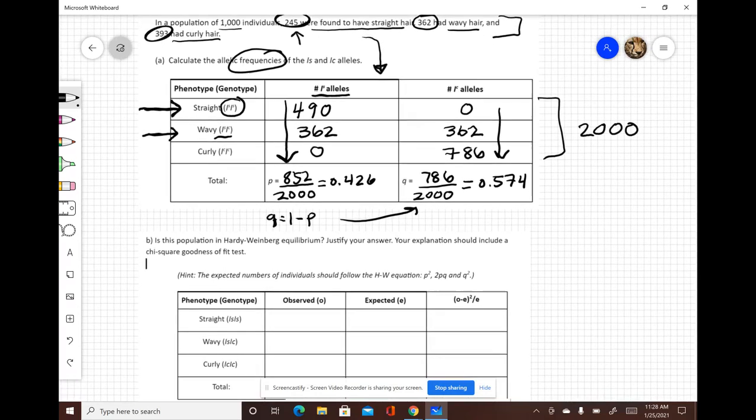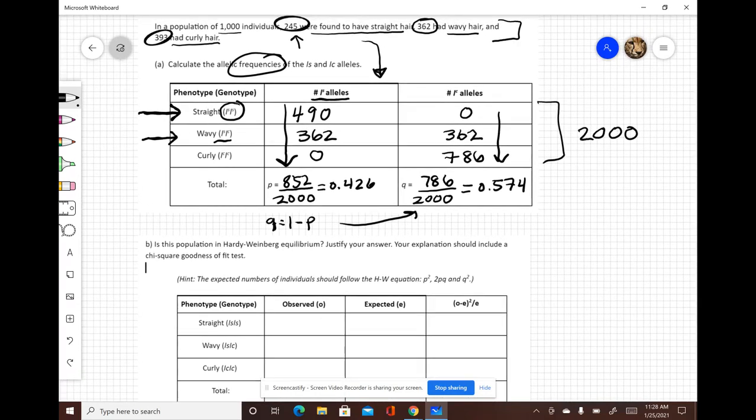I'm going to use some of that information up top again. When I go to my chart, my observed, I'm going to see if this population is in Hardy-Weinberg equilibrium. I'm going to use the observed information from up here in that chart, and I'm going to list these in frequencies.